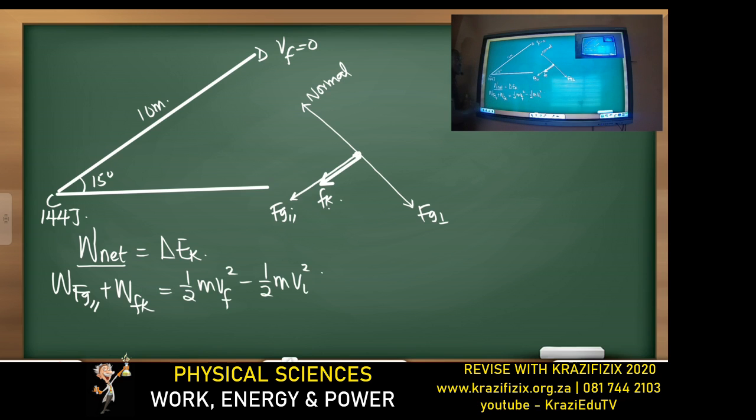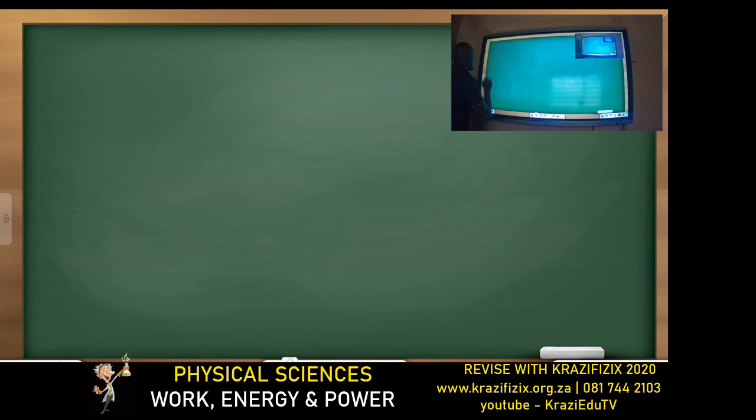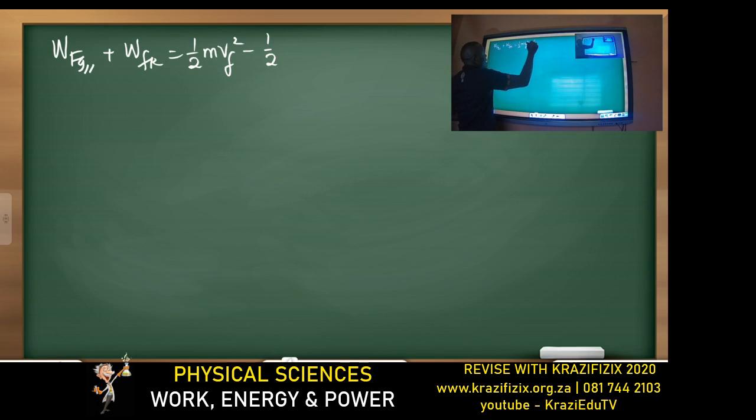All right, I'm going to the next page. Don't forget what this is. This is mg sine. I use alpha. You'll see why I use alpha. So I have, let me just quickly write this, plus work done by friction again equals final kinetic minus initial kinetic. Now, what will this be?